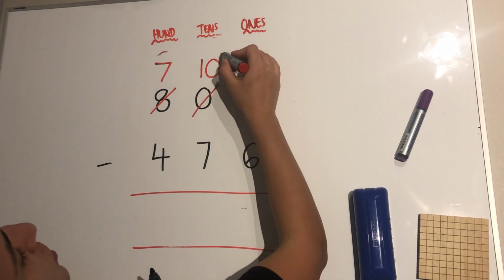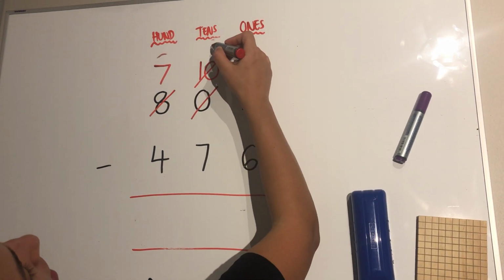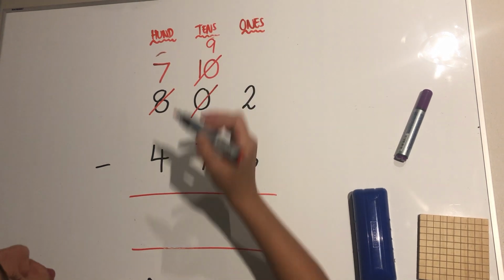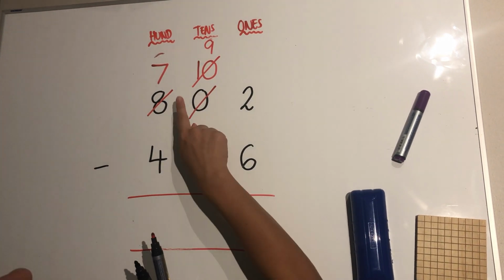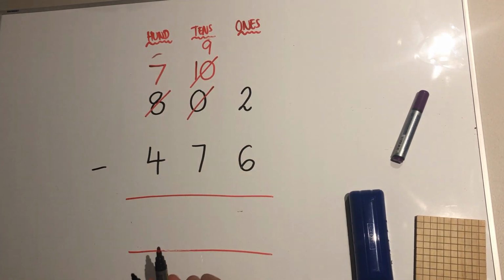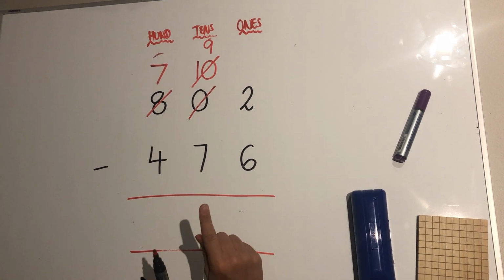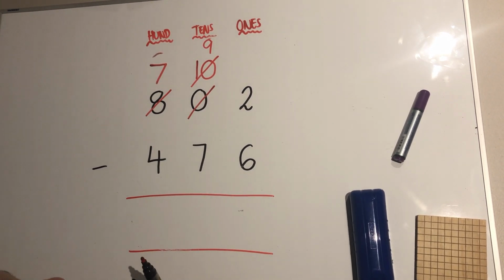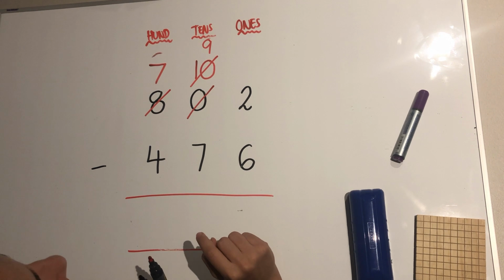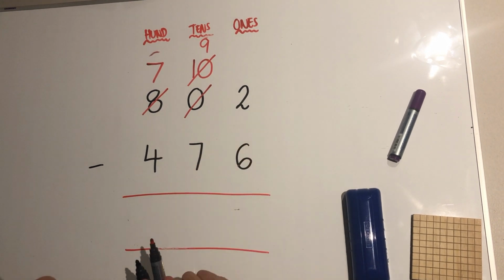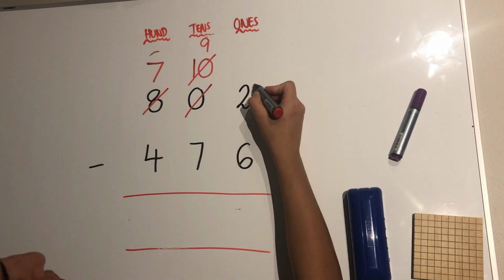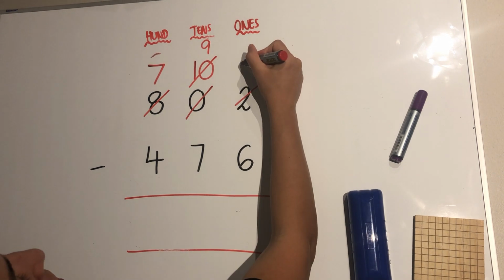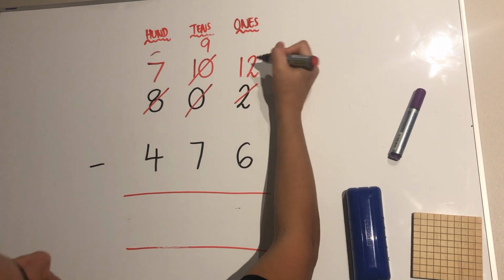So what we're going to do is cross our tens out, and we're going to change it to 9 tens, and we're going to bring 1 ten across to our ones. Now 1 ten is 10 ones. So what we do is 10 ones plus 2 ones is 12 ones. So we're going to rename our ones column to 12.